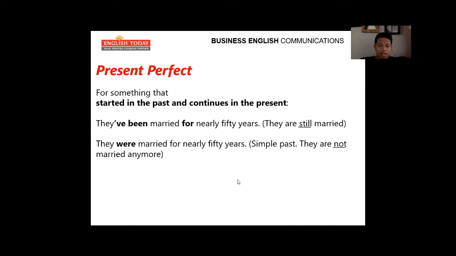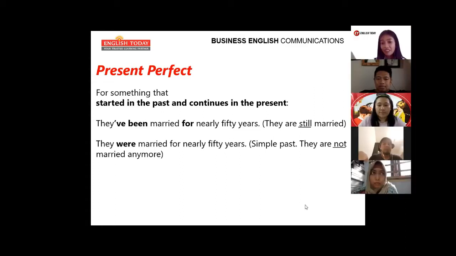The first sentence: They have been married for nearly 50 years. It means they are still married. Yes, they are still happily married, hopefully.